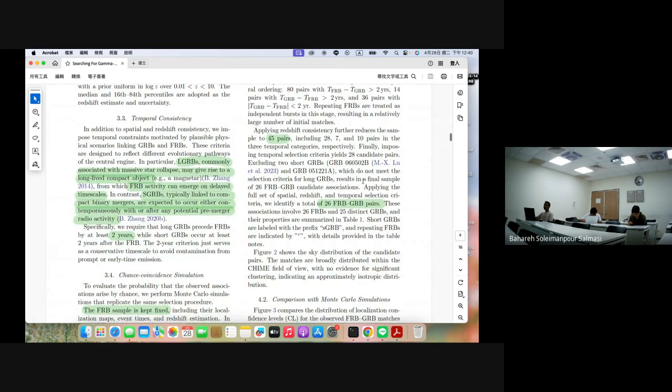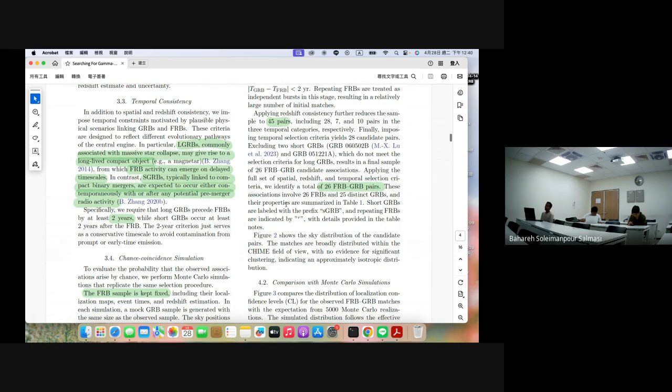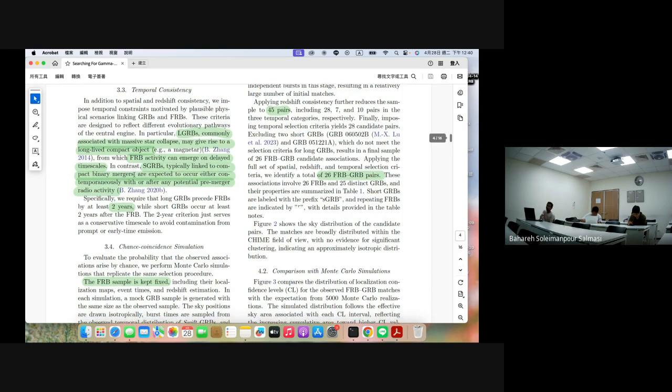Then is the temporal consistency. Long gamma ray bursts are commonly associated with massive star collapse, which gives rise to a long-lived compact object. So FRB activity will be after the gamma ray burst, with a delay.